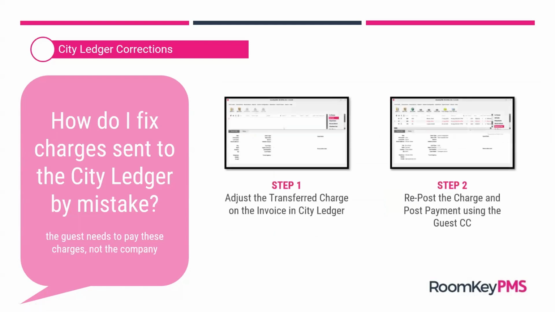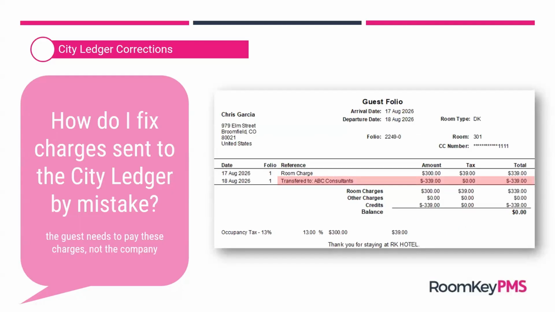So in order to fix these types of situations, there are two separate steps that we need to follow. If this happened and was caught on the day of departure, the day that these charges were transferred on the 18th, so yesterday's date, we saw in last month's presentation where you can actually undo a front desk transfer.